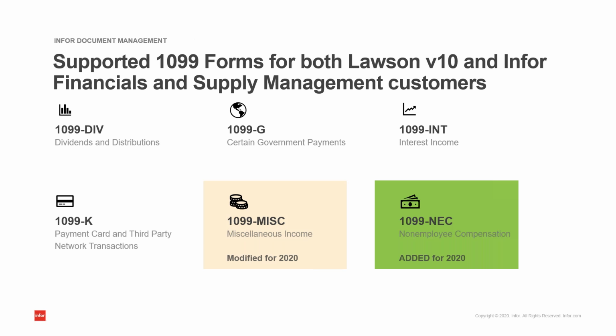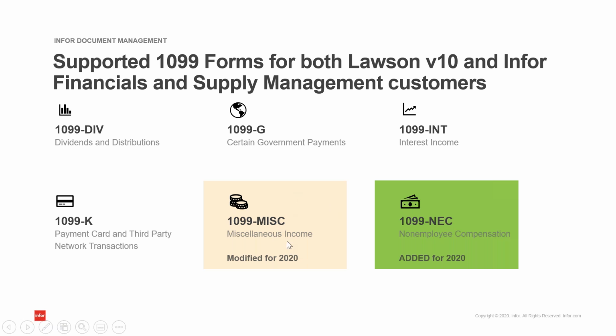For those of you that might not be as familiar with our 1099s, these are the big six that we cover: the dividends and distributions, certain government payments, the 1099G, 1099 for interest income, 1099K. And those of you that might not have heard, last year they shredded out, I think it was box 7 off of the 1099 miscellaneous, and made its own sister form.